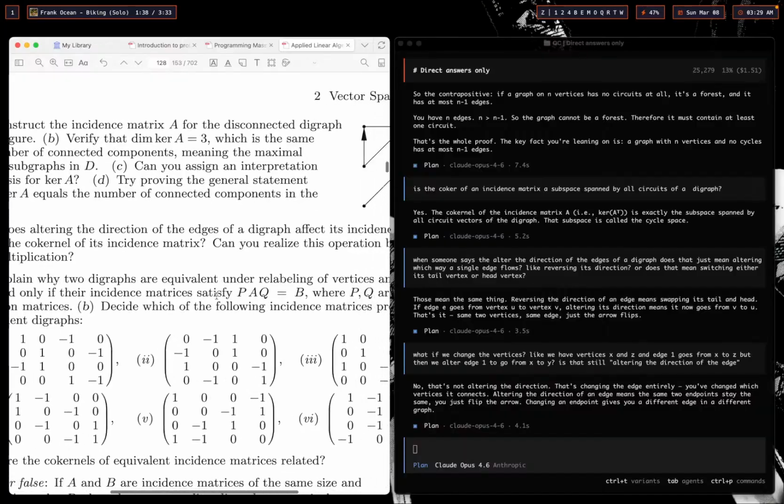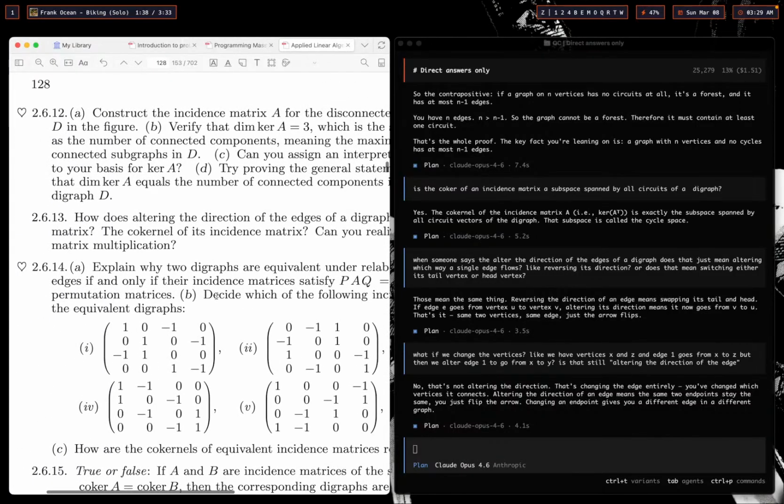So then can we realize this operation by matrix multiplication? Can we realize this operation of altering the direction of the edges? Yeah, we can just multiply by the inverses, no?